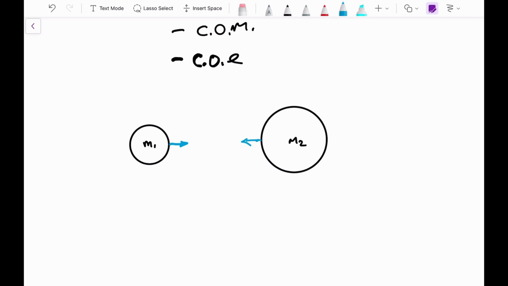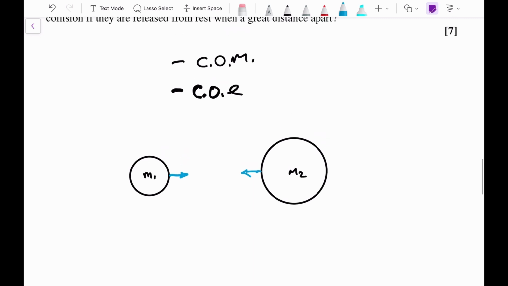And so for the conservation of momentum, we have to know their mass and velocity. We know their mass, but we don't actually know their velocity because initially their momentum is zero. Okay, so I don't think we will be able to establish the momentum conservation first. Maybe we can work with the conservation of energy first.